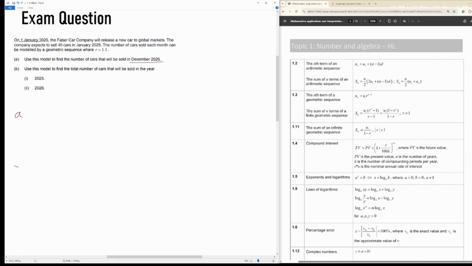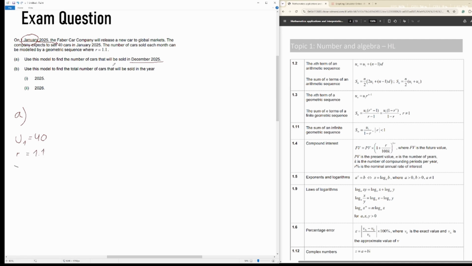Obviously the 1st of January is u1, and you will understand from the text that in January they sold 40 cars. So you can write everything down and put that u1 equals 40. And our r, or the common ratio, is 1.1.